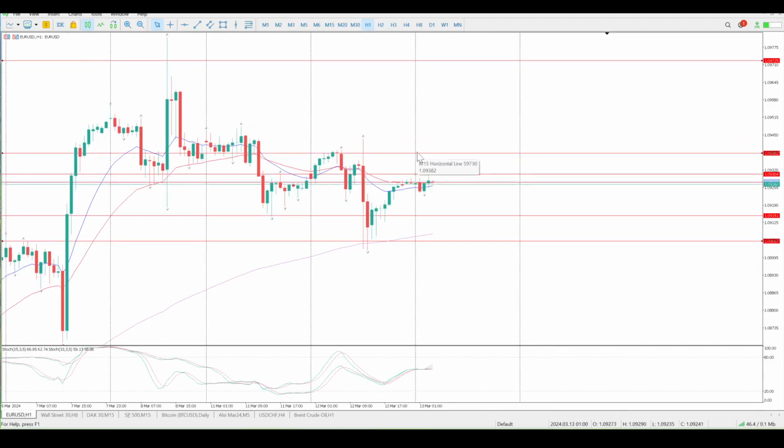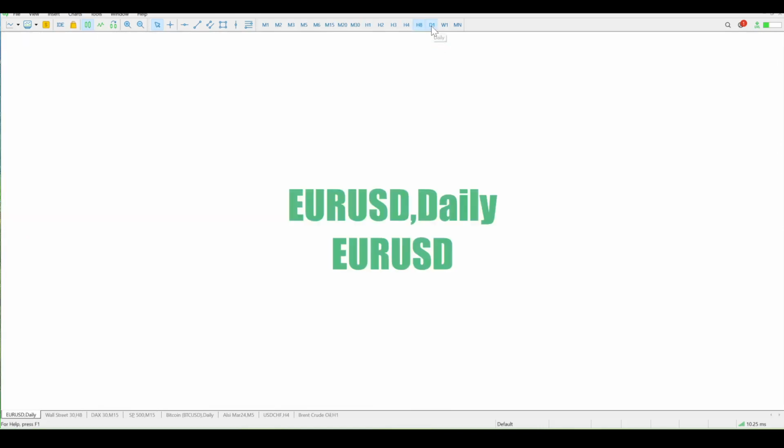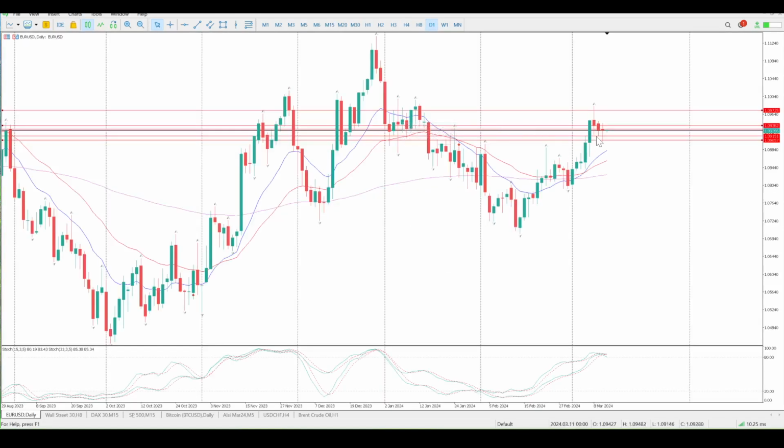If we get above 109382, that would break this flag, and then you've got a much better trade to 109725 brewing. So that's kind of my outlook at the moment. At the moment we are ranging, we are sort of bumping our heads here, and if you drill down to the 8-hour or even the daily, you'll see the buyers coming in here.